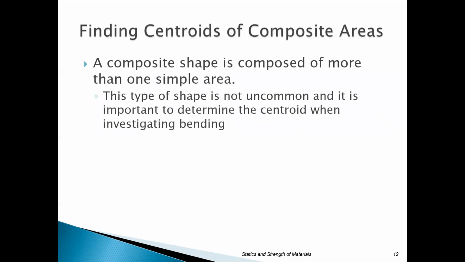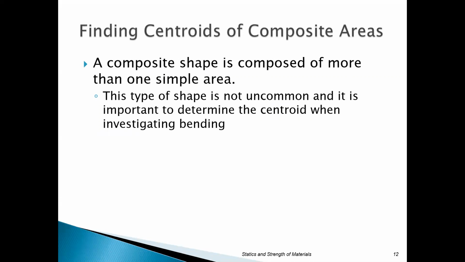Very often you don't have a simple shape like a square or a triangle or a circle or a half circle. So you piece these together in what we call a composite. If you have a composite shape, you're going to have to deal with each individual component with its centroid and then add this stuff together.